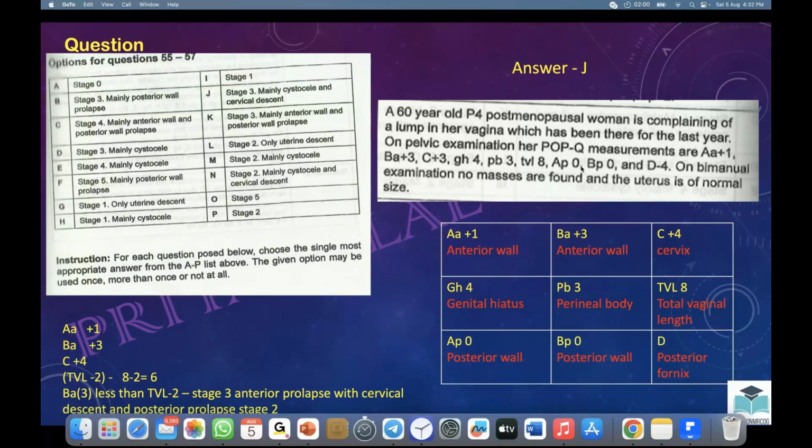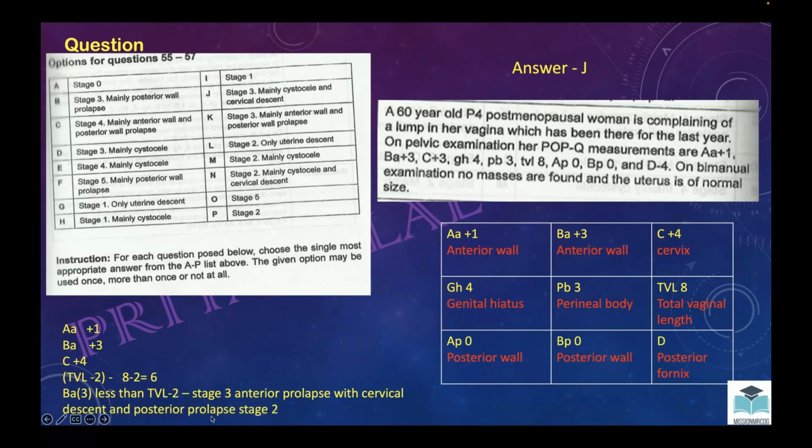Then it will be between minus 1 and plus 1, so it will be stage 2. So different walls also have different staging. The anterior wall is stage 3, the posterior wall is stage 2, and there is cervical descent.